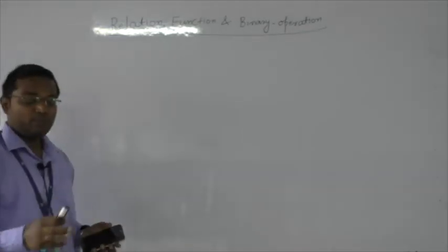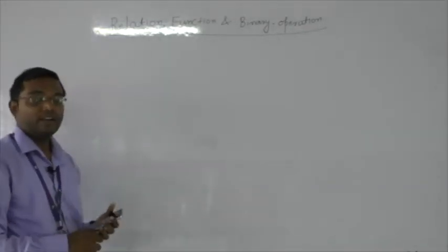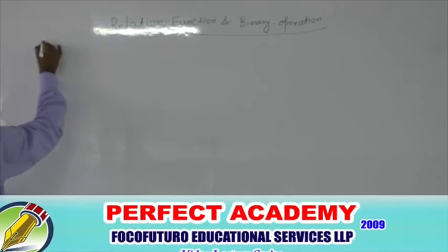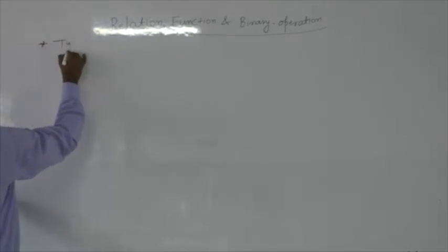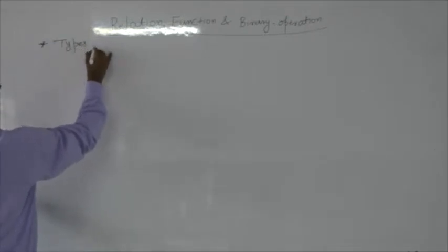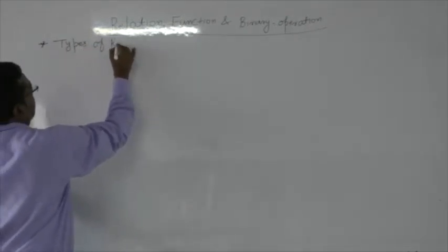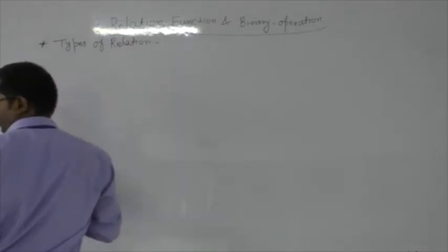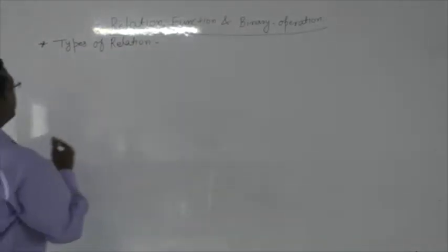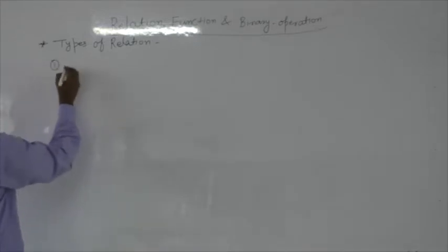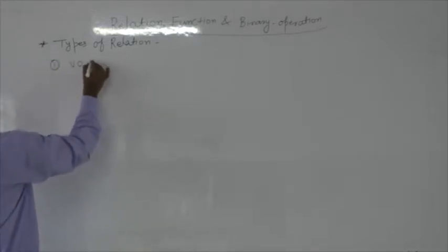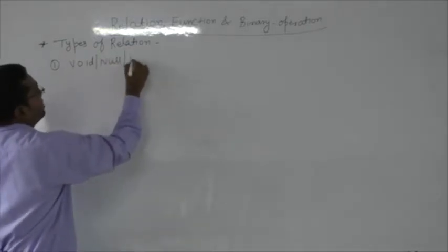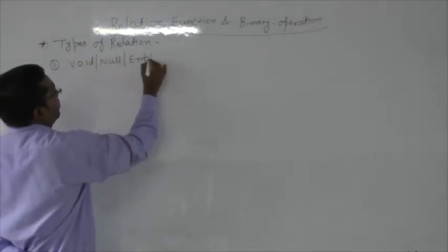Now the most important part of this chapter is types of relation, and from there we will get one question for sure. Types of relation. The first type is void relation, also called null relation or empty relation.